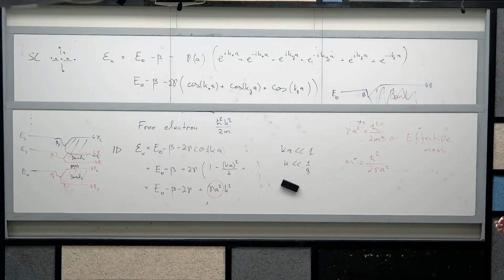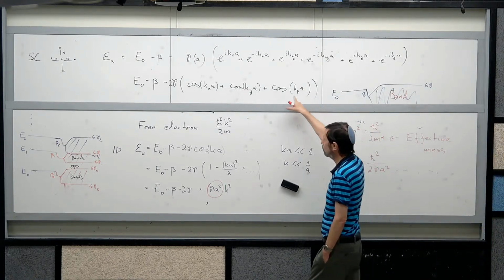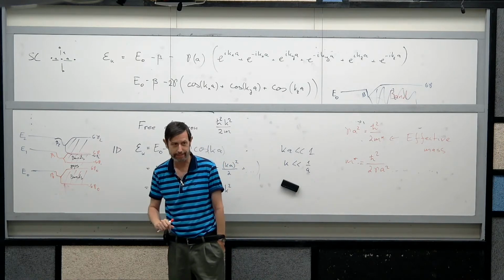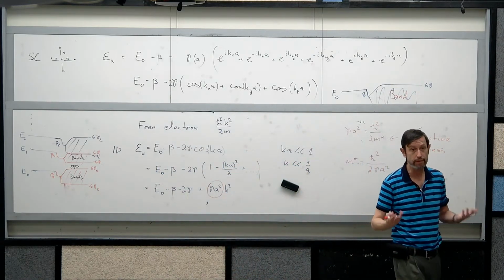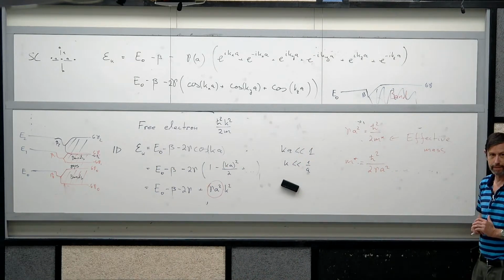So we have a particle that has a charge and a mass, behaves as a free particle as long as I don't go to too high k's, but its mass is different than the electron mass.